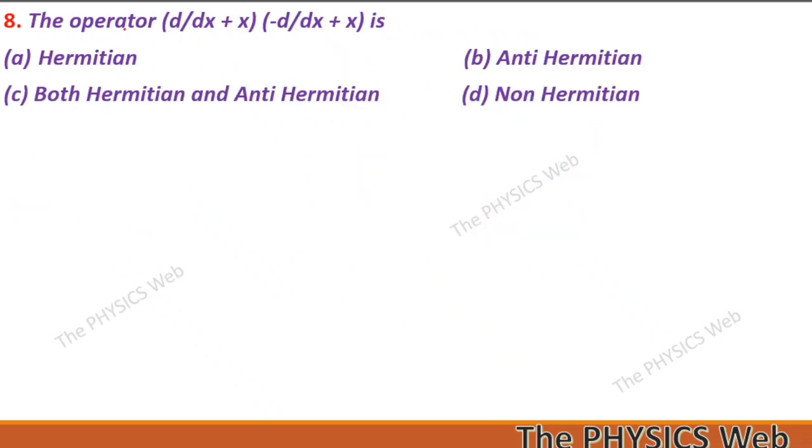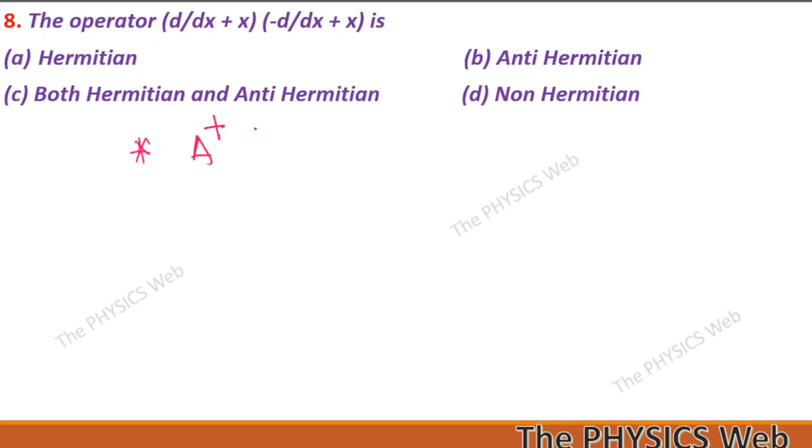Next, question number 8. The operator is given, okay, so you have to find whether it is Hermitian, anti-Hermitian, both, or non-Hermitian. Okay, so you can check this option easily. Either you can find the total expression for this given operator, or you can directly check.